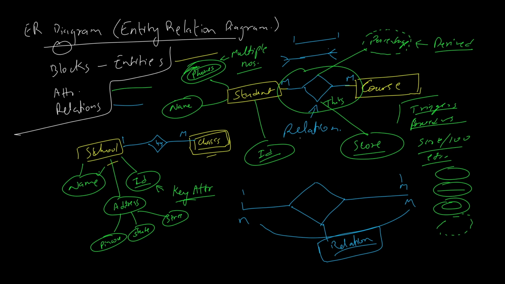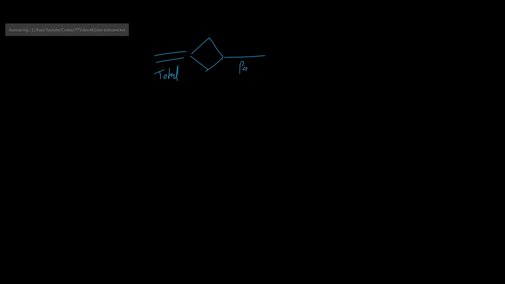Now there is one more thing, through relation only. Let's say this is the relation and this is a notation that we have. This depicts a total participation, and this is a partial participation. We have talked about this before. You can check out those videos.